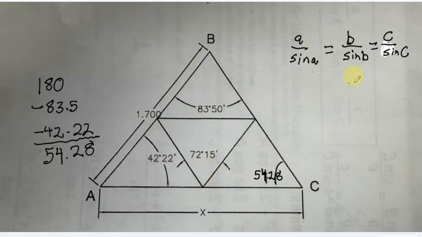So we're looking for B, so that's going to be our X over sine of 83.5.